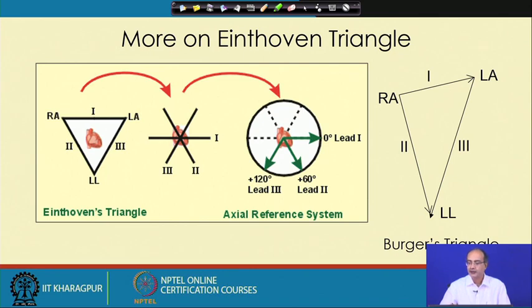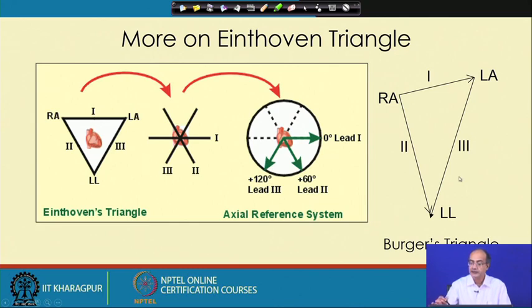So, when people tried to add them vectorially, they got a triangle like this, where the magnitudes of lead 1 and lead 2 are smaller than this one, the lead 3 configuration.